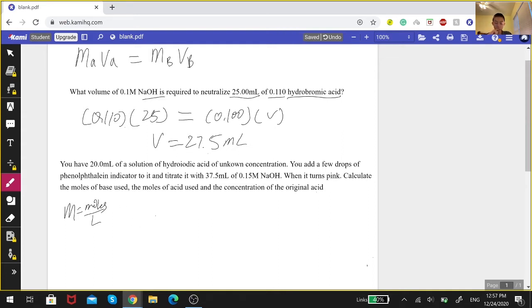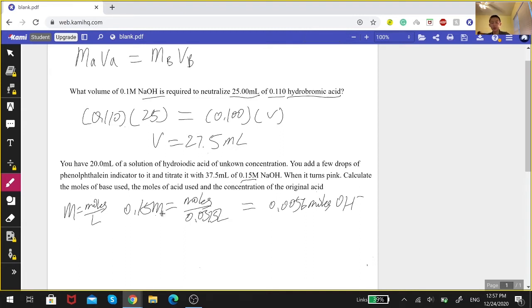We're given 0.15 M equals moles divided by 0.0375 liters. That gives us a total of 0.0056 moles of OH minus, which is the base. That answers the first third of the question.